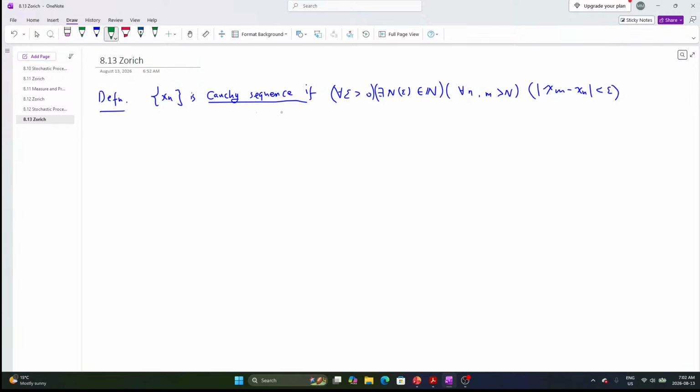What about the negation of the definition? By this definition, when is xn not Cauchy? This once again amounts to negating a quantified statement.